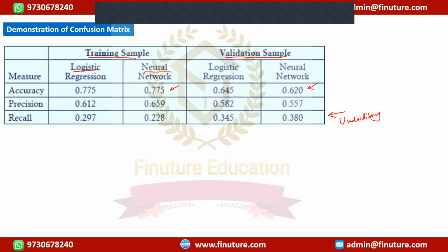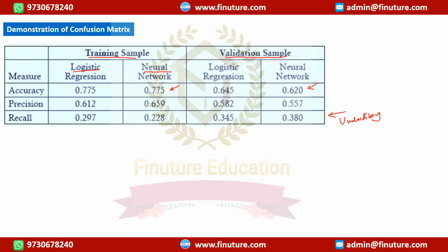So this is how you can read different criteria. Accuracy in general is of course important, but when you have to focus on type 1 and type 2 error, based on the things that you're focusing on, your criteria focus may differ, say precision or recall.